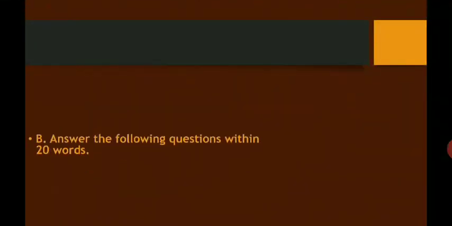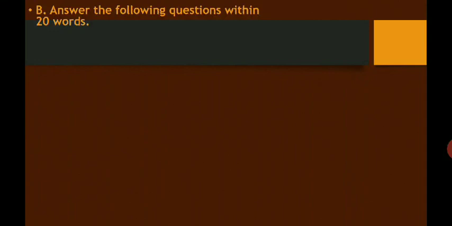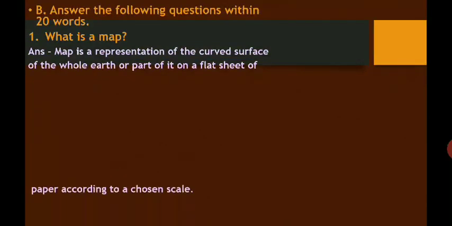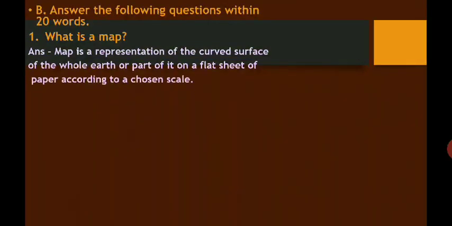Next, students, now in your B, answer the following questions within 20 words. What is a map? As we know, we can draw a map, but a map is a representation of the curved surface of the whole earth or part of it on a flat sheet of paper according to a chosen scale.